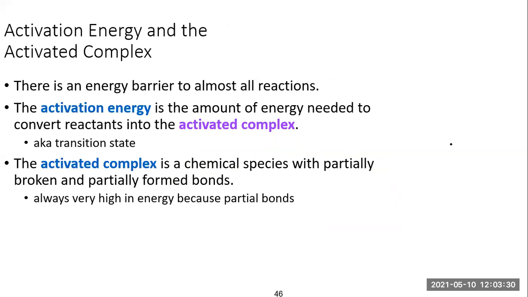And depending on how big or small that hill is, it obviously has a drastic effect on the rate of the reaction. The activation energy is the amount of energy needed to convert reactants into that activated complex on top of the hill, or transition state complex. And again, that is very high in energy because it's a transitional state as we're breaking apart all the bonds and also coming back together and making new bonds on the other side.